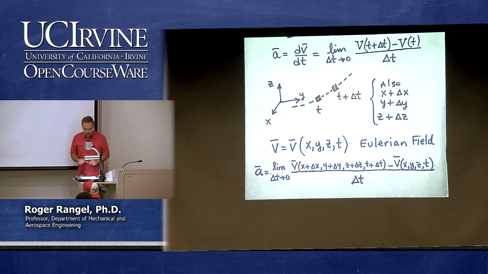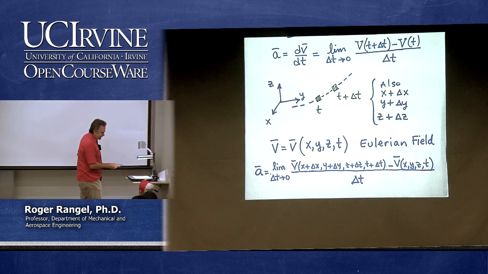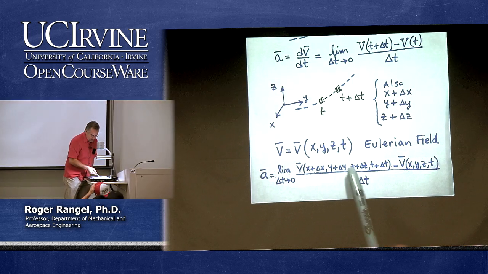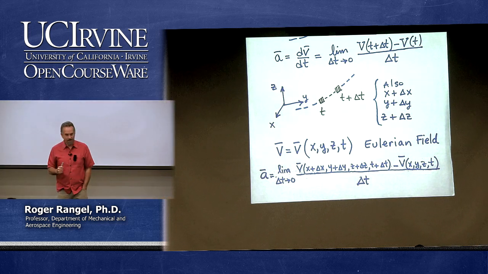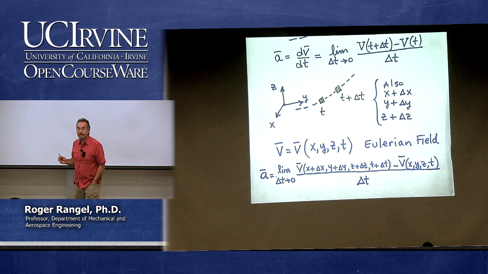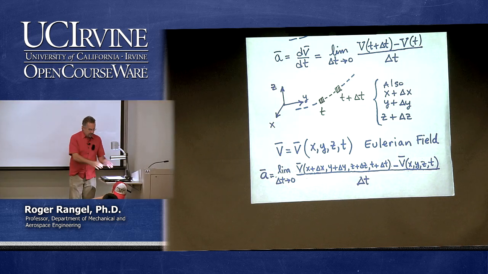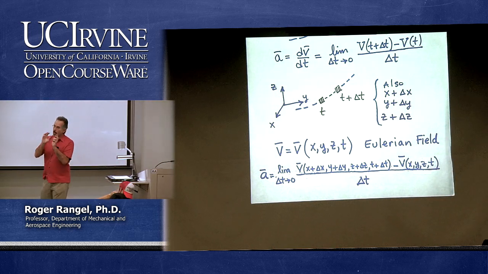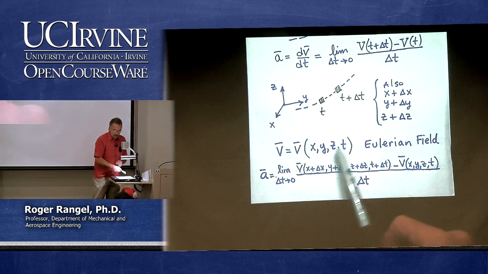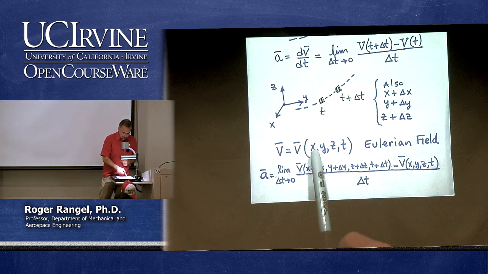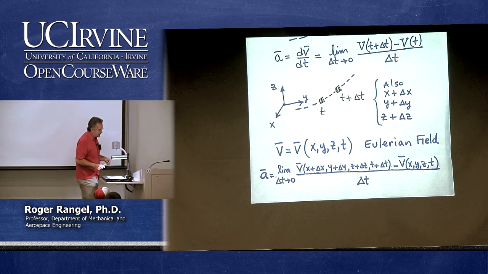with the caveat that if I want to look at the particle, right, then this x, y, and z are functions of what? Time. Right? This x, y, and z are functions of time. So it's that in this expression, it's not only that I have the velocity depending on t here, but it also indirectly depends on t through x, y, and z if I am following the particle in a Lagrangian sense.